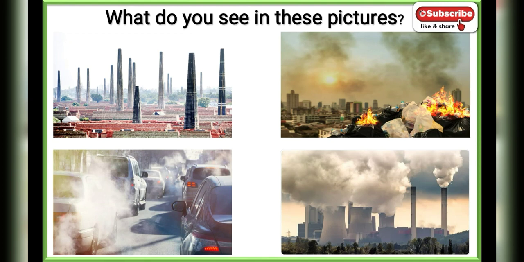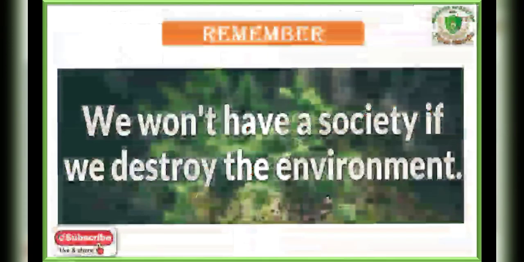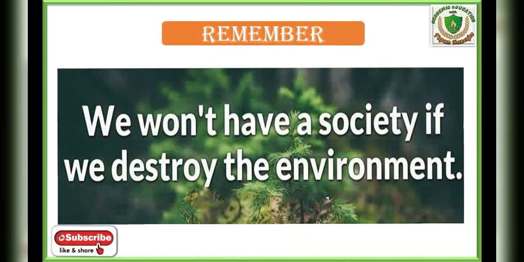So what is the common side of all these pictures? Yes, you got it right. It is air pollution. We often see these pictures in media or in our books or even in our day-to-day life. So air is polluted heavily through this type of work or activities. Before going to the lesson, let's remember one thing.